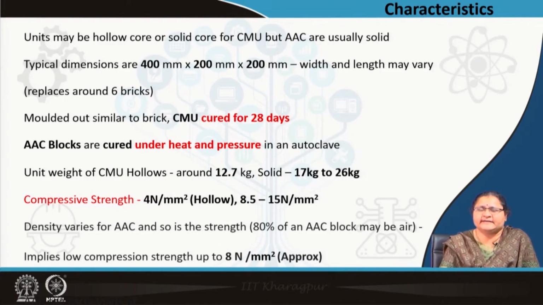So, you can well understand it is at par with brick, but having larger coverage, fewer joints, faster construction, less water absorption, and you can even avoid the plastering part. If it is a dry area, you can avoid the plaster.